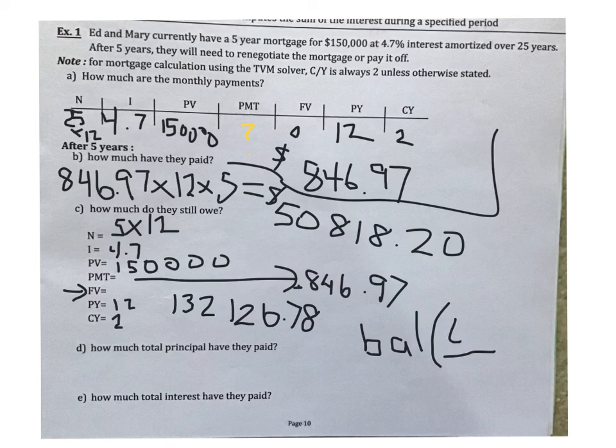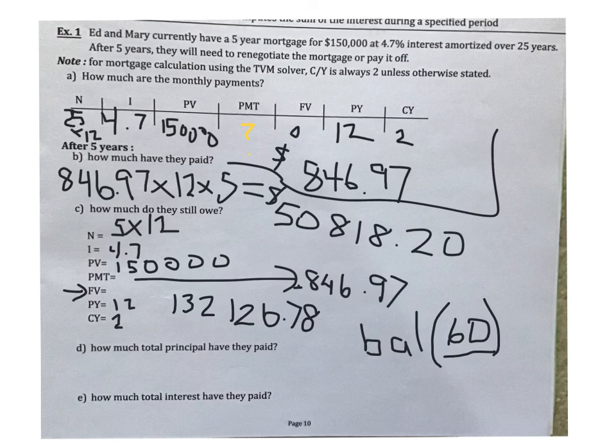So there's 60 payments that happen in those 5 years. Remember to go back to your regular window, do second quit. Then go into your apps, finance, and instead of clicking the TVM solver, you go down to the BAL. You click it, you type in the 60, close your bracket, and then press enter.